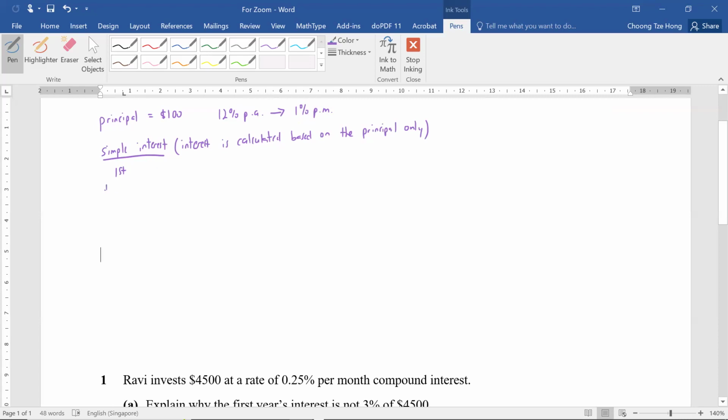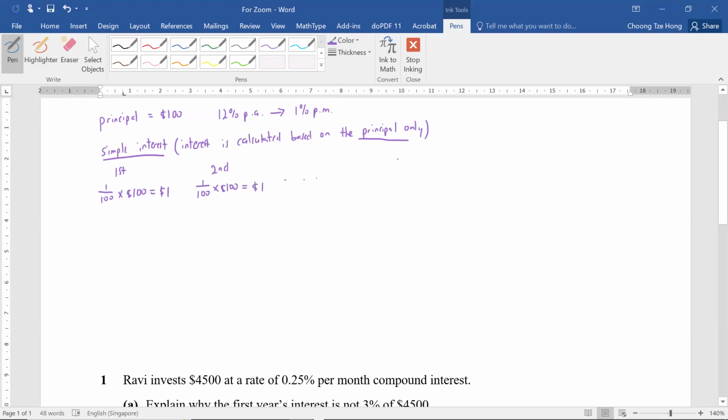So it will be 1% of the principal, which is $100, which will give an interest of $1 for the first month. The same thing will happen for the second month. Remember, for simple interest, interest is calculated based on the principal only. So it's another 1% of the same $100, which will give an interest of $1.